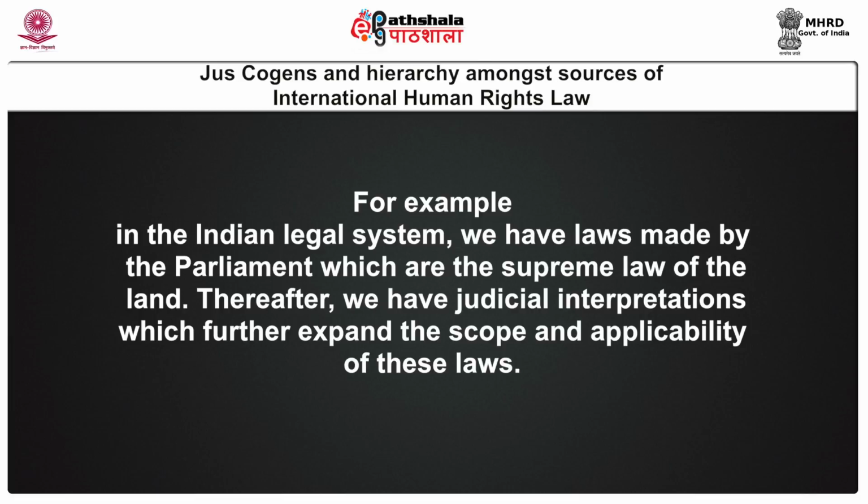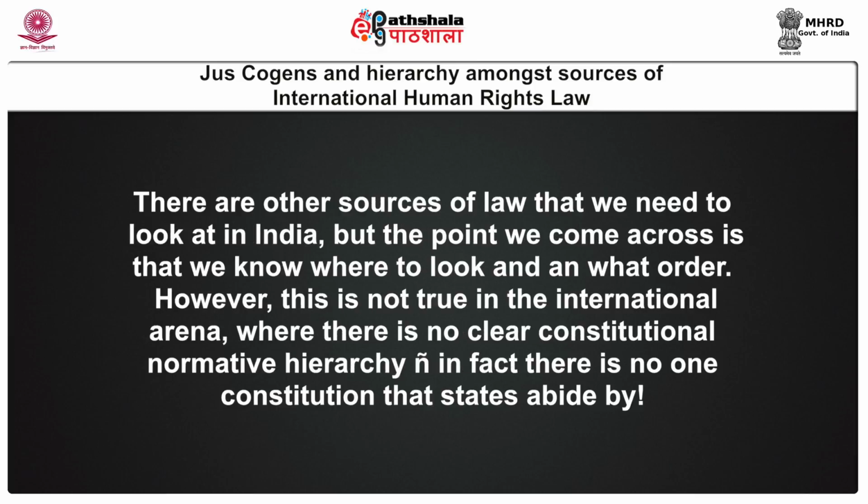Thereafter, we have judicial interpretations which further expand the scope and applicability of these laws. Of course, there are other sources of law that we need to look at in India, but the point we come across is that we know where to look and in what order to look at them.